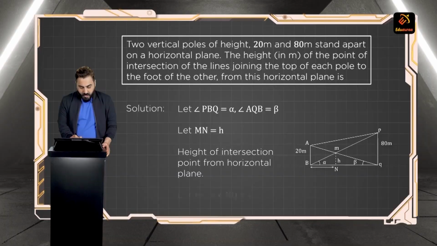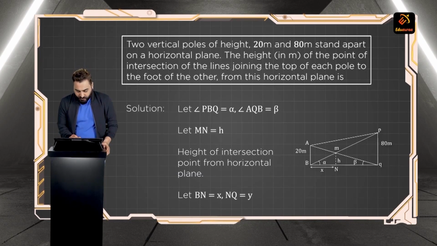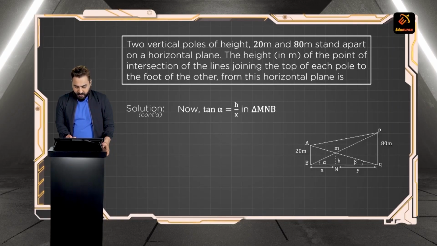So students, let's say the distance BN be X and NQ be Y. Now from this we can say that tan alpha is what? Tan alpha will be opposite upon adjacent, that is H upon X in triangle MNB.